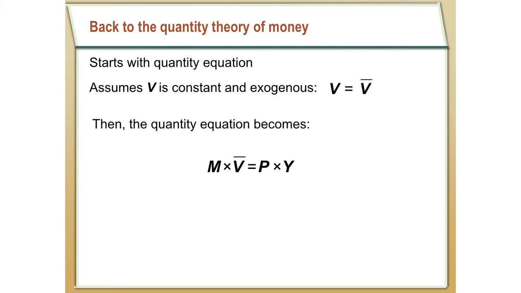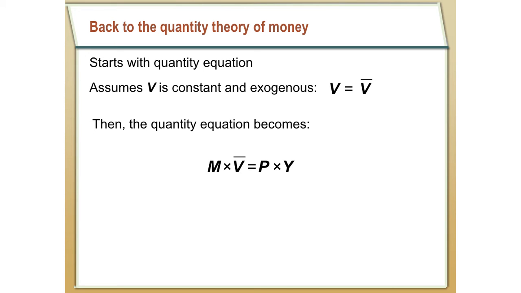The quantity equation alone doesn't give us a whole lot of useful insight because it doesn't allow us to pinpoint causality, what is causing something else to change. So we need to add a little bit of the theory we've developed so far and also talk about the nature of velocity.